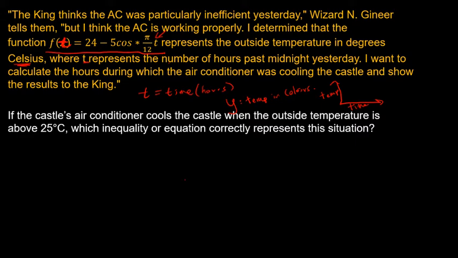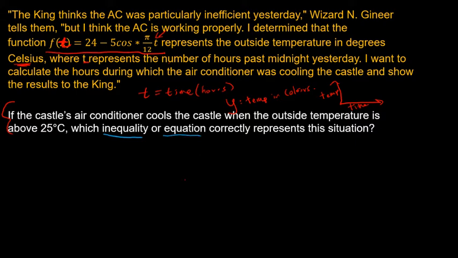Now we're ready to take a look at the question. If the castle's air conditioner cools the castle when the outside temperature is above 25 degrees Celsius, which inequality or equation would correctly represent this situation? And they give you a couple things to choose from. First of all, would we be looking at an inequality or an equation? Let's use the context.